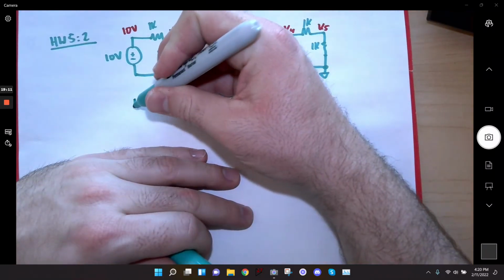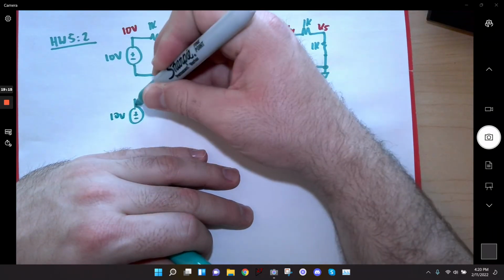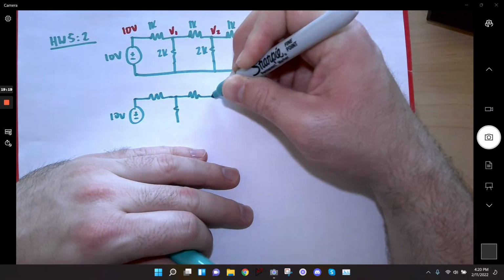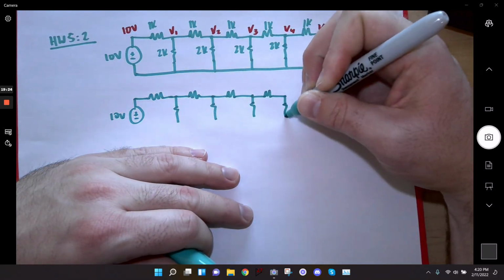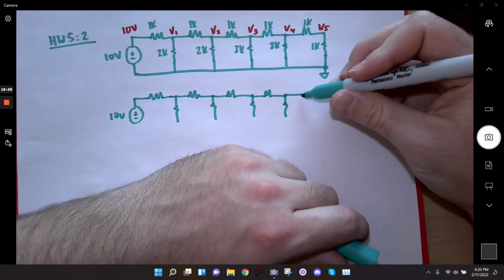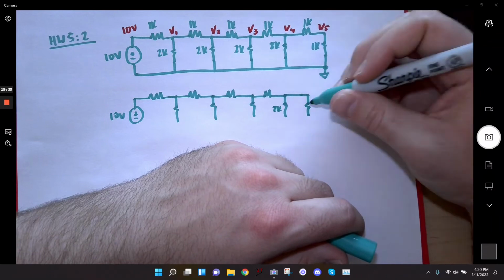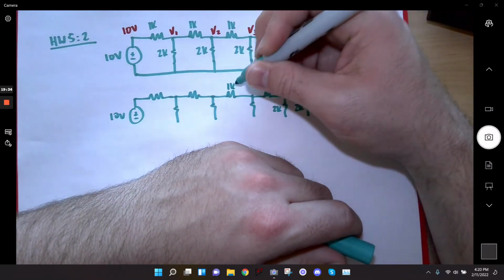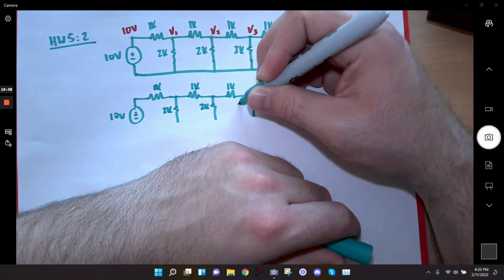My equivalent circuit is going to look something like this, very similar, except when I get down to the end, I don't have these 1Ks, I have another 2K in parallel with this one because I just combined those. So 2K, 2K, and then you've got 1K, 1K, 1K. This is my equivalent circuit.